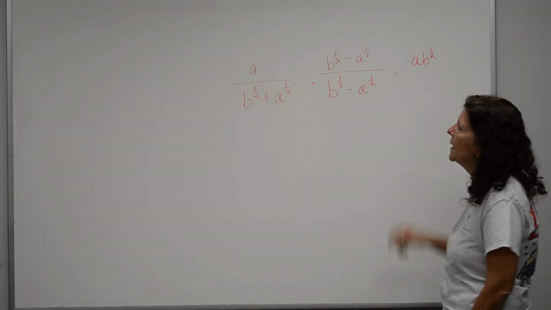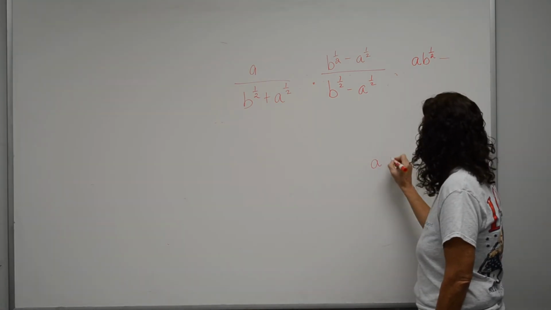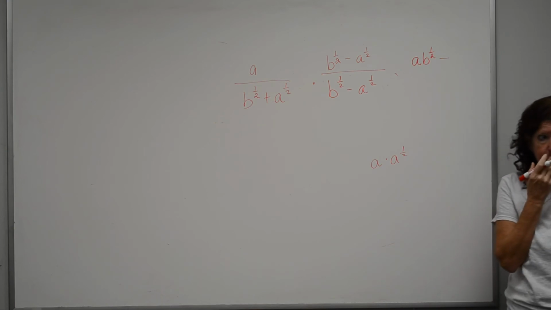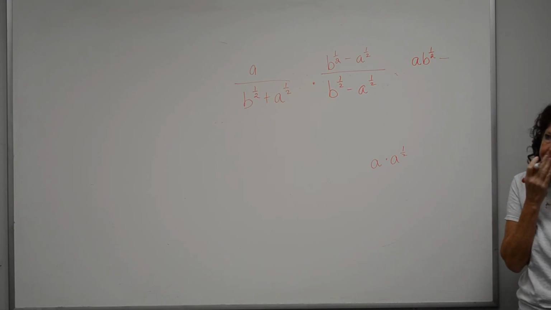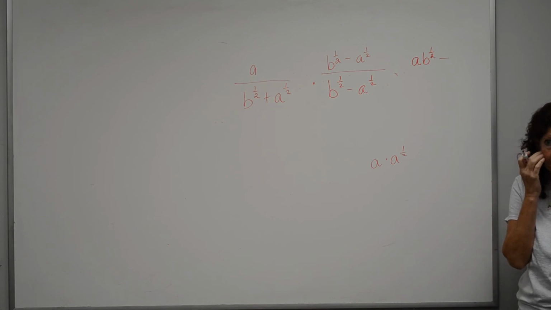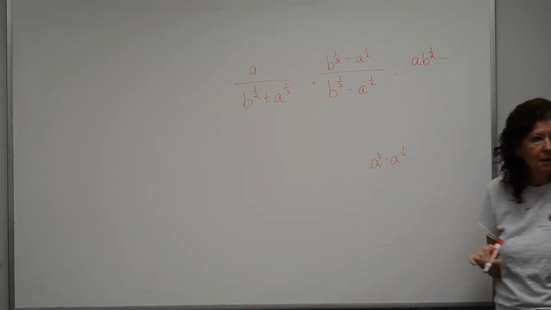But what happens when I multiply A times A to the 1/2? Base number's the same. What do I do with the exponents? Add them. Okay, this is the same thing as saying 2 over 2, is it not?